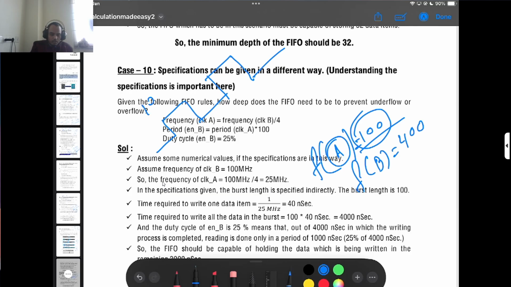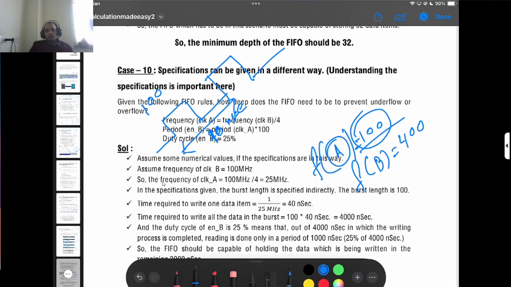So this is 100 hertz, which means a period of 10 nanosecond. But the problem is that the period is the same. So if my period is the same, then how can it be the period of enable B? The period of enable B is the same as the period of clock A.